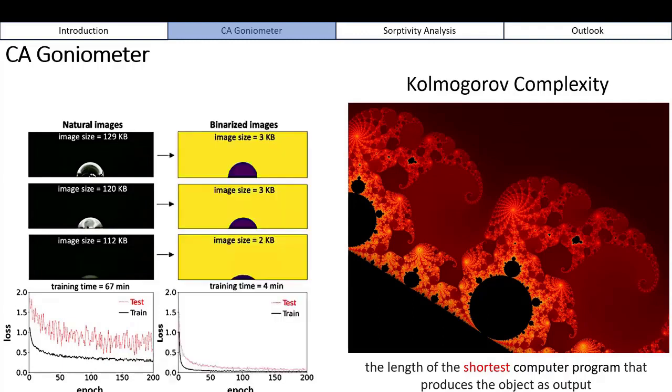So I simplified my image, and I binarized my data. So instead of 129 kilobytes of image data, now I have 3 kilobytes. Now each pixel has a value of either 0 or 1. And if I look at the training of my model, it's now well trained.